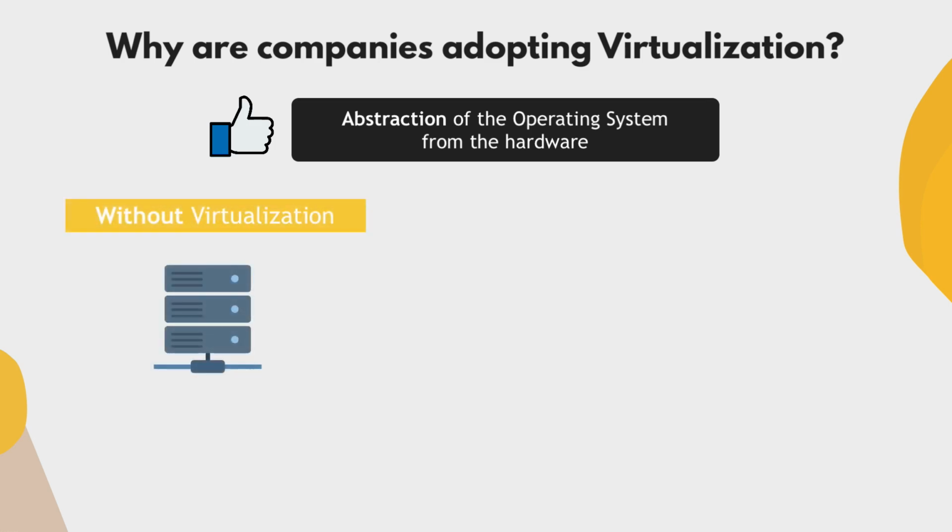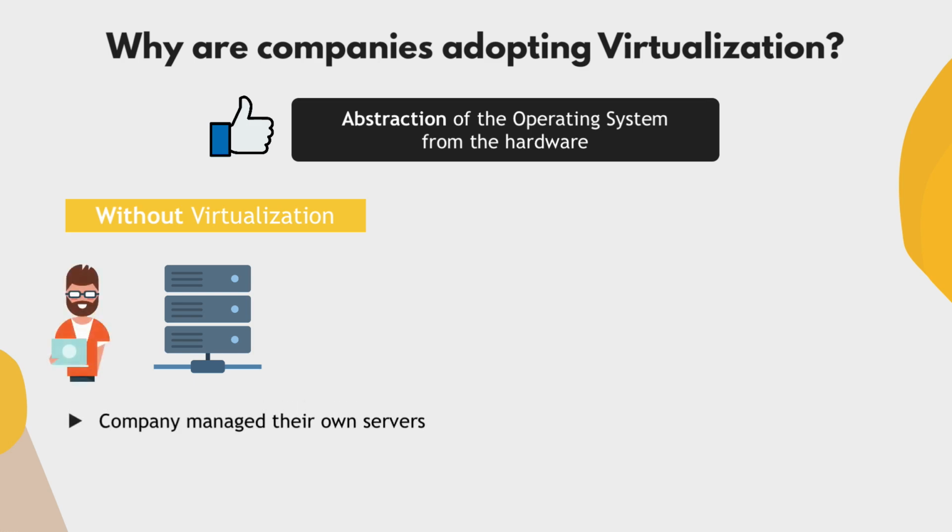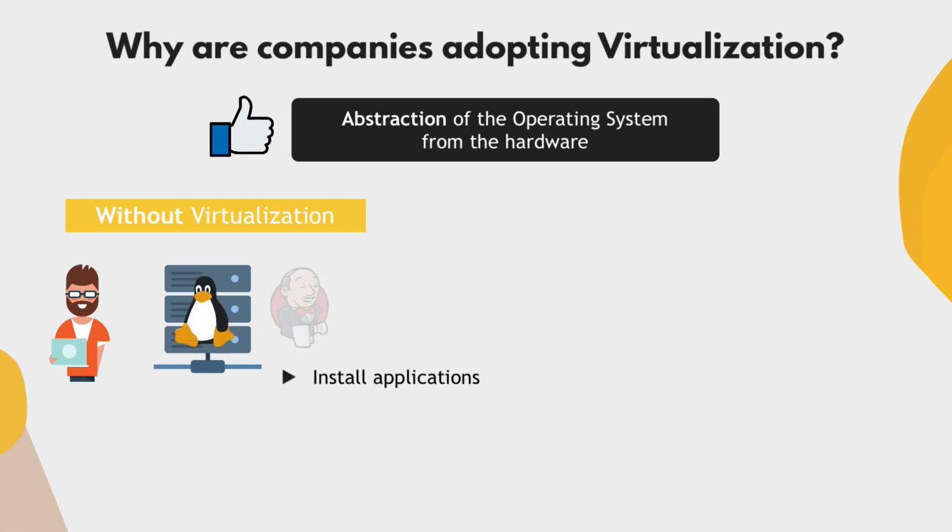So before virtualization, when a company had a server, like their own database server or a server where Jenkins was running, they would manage it themselves, like install an operating system directly on it and then start installing applications on that operating system, like installing and configuring Jenkins or installing a database application, etc.